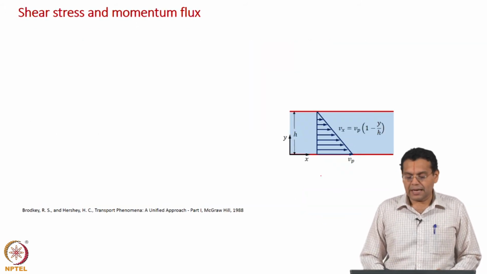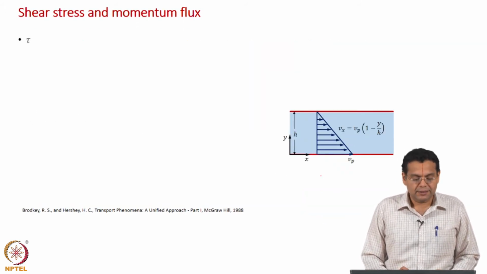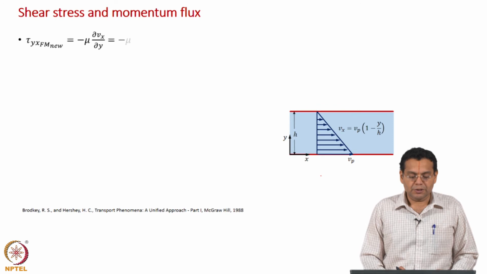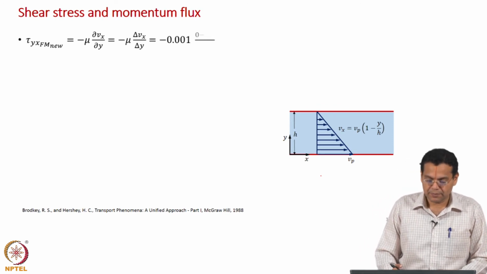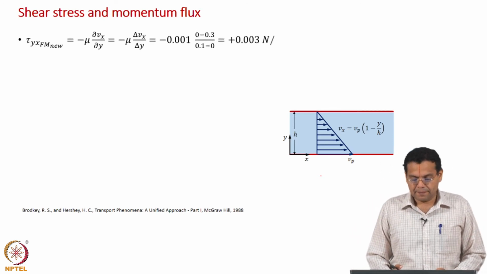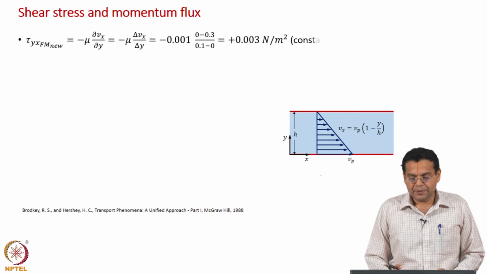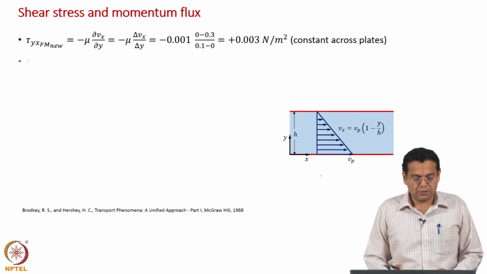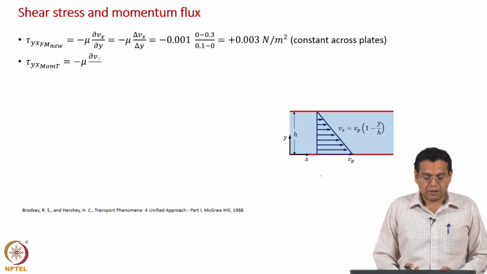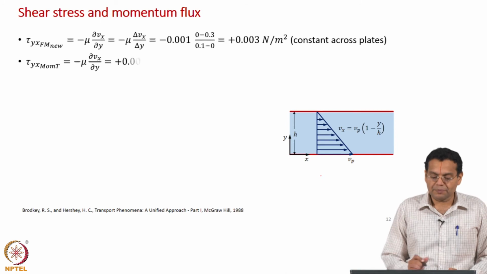Okay. Now, we will calculate the momentum flux. This is what we have done in the previous slide based on the new sign convention for fluid mechanics. Now, for momentum transport, tau x momentum transport is equal to the same expression.